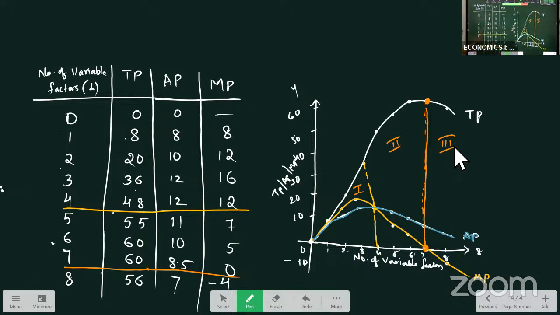So you have to mark the first stage, second stage and third stage. This is how you will explain your table and graph here. Hope you understood this one. Just go through it once.